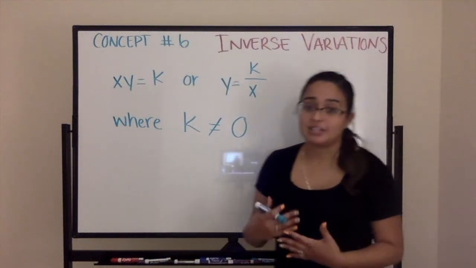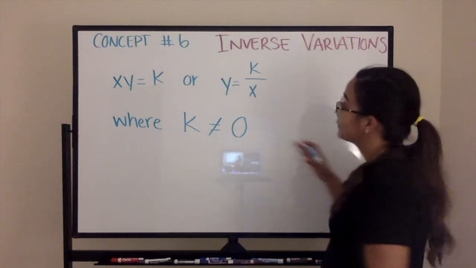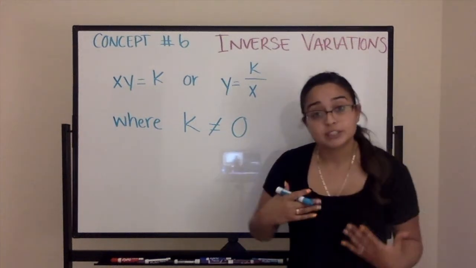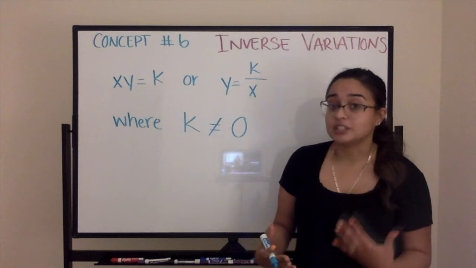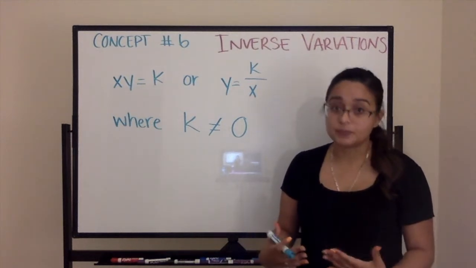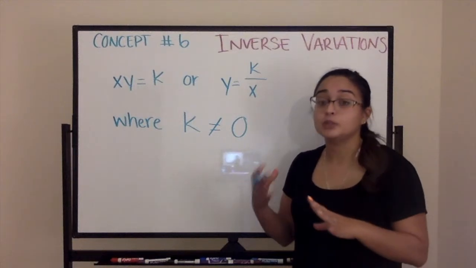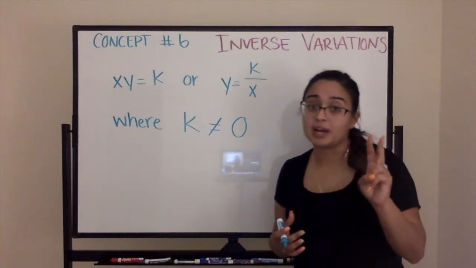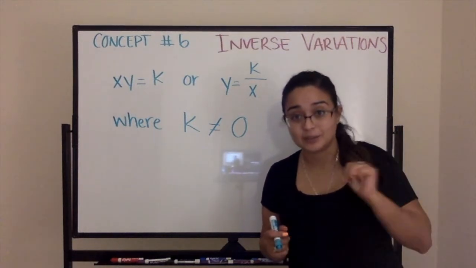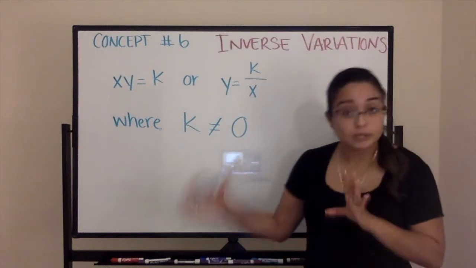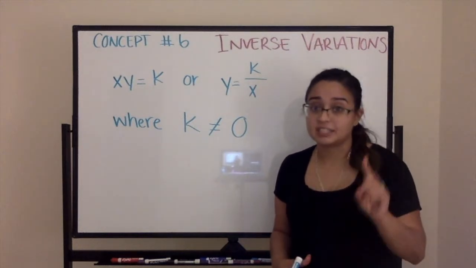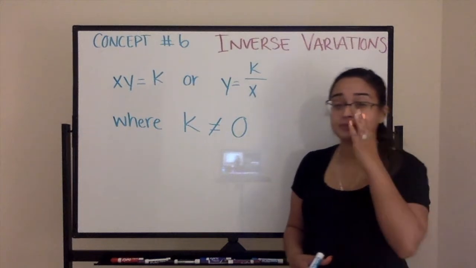Inverse variations. Okay. An inverse variation is an equation that is in this form. And for this, I am using the variables x, y, and k, okay? I'm only going to be using the variables of x, y, and k.